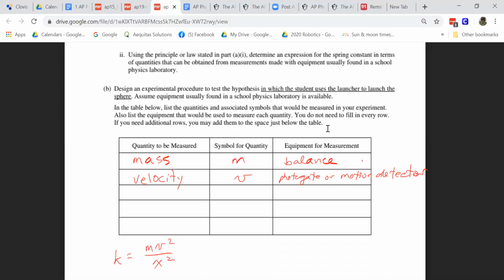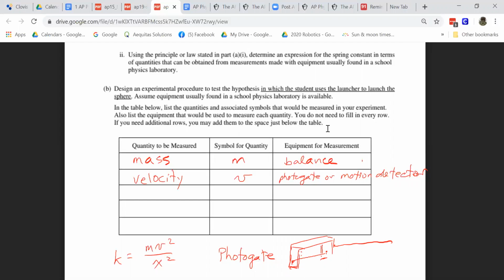A photo gate, and it's kind of hard to draw. It's a little thing that looks like a horseshoe. Let's see if I can draw this. Oh, I'm doing a terrible job of drawing this thing. It's connected by a wire. What happens is that it has a little laser that zips across here and a detector over there.